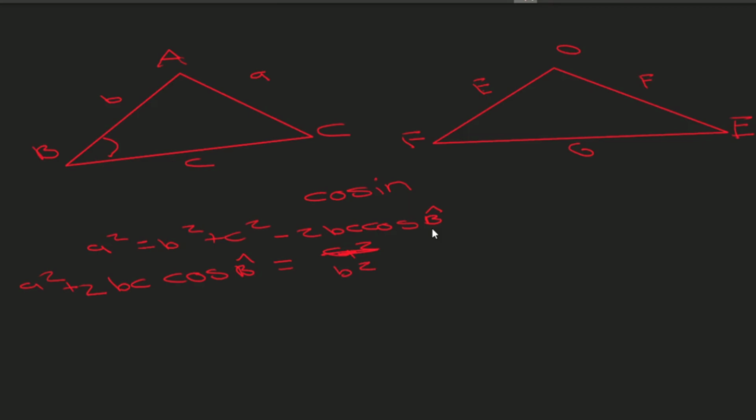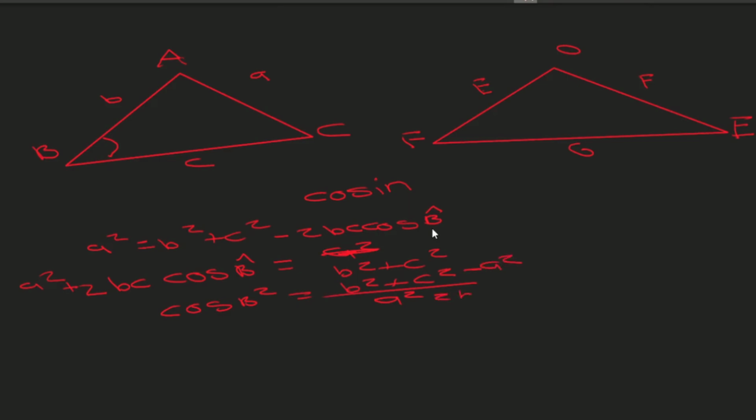But if you take this and you minus it from this and you divide by that, then cos of the angle would equal b squared plus c squared minus a squared, divided by 2bc.